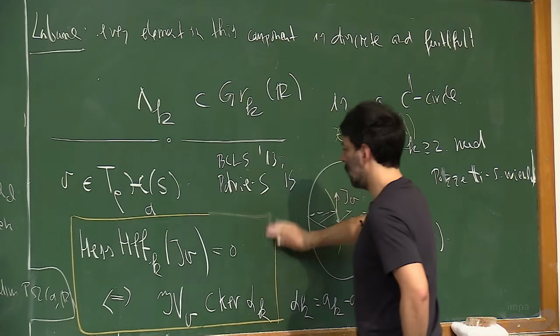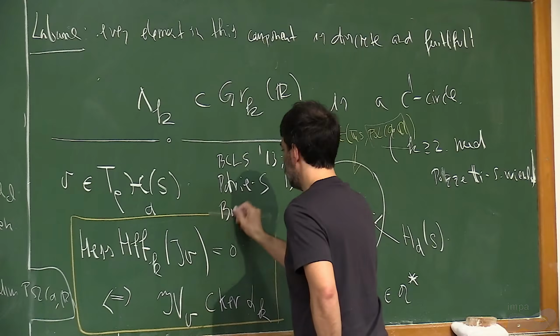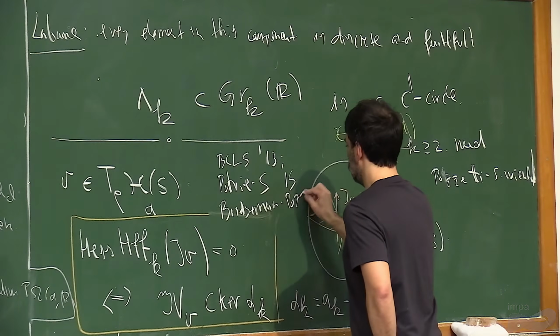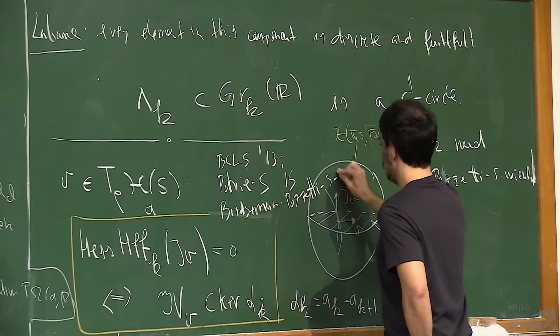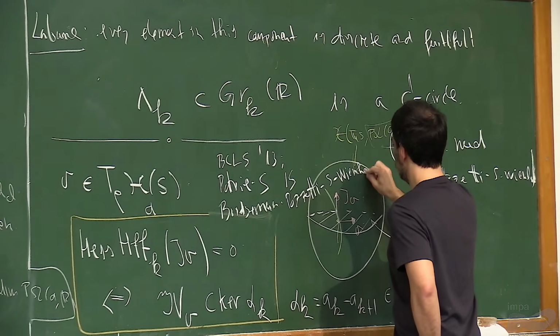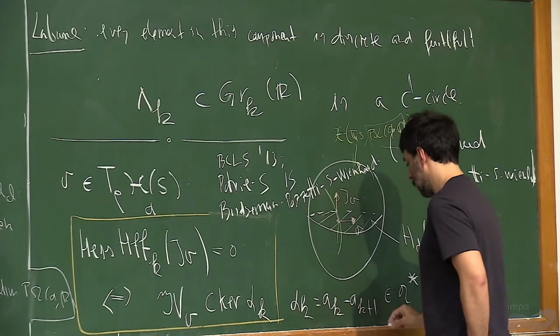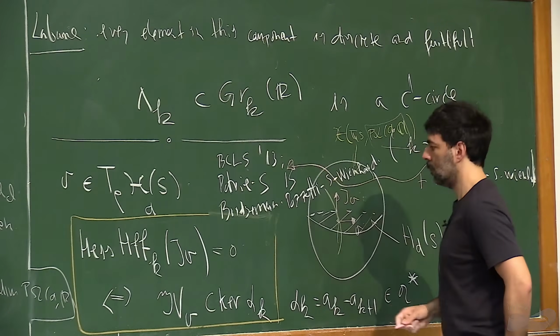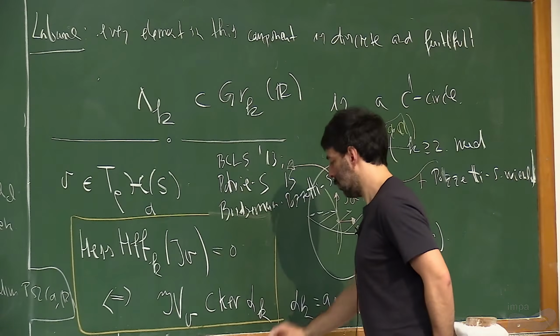And then you need a more recent paper by Bridgman, Pozzetti, myself, and Anavina. So yeah, this is not obvious. And you also need this result over there. So this is the point.